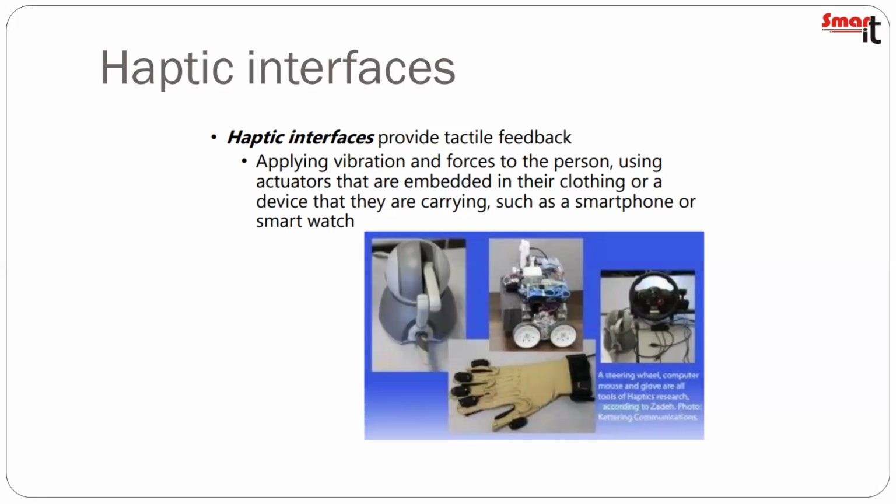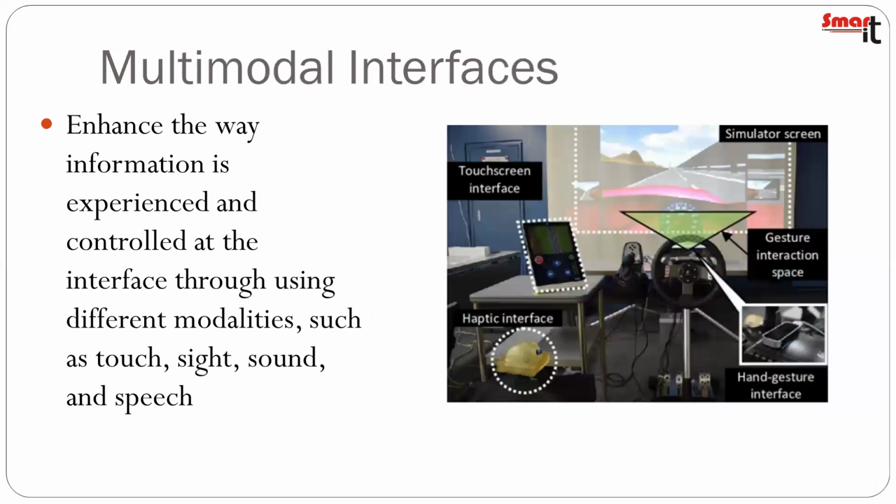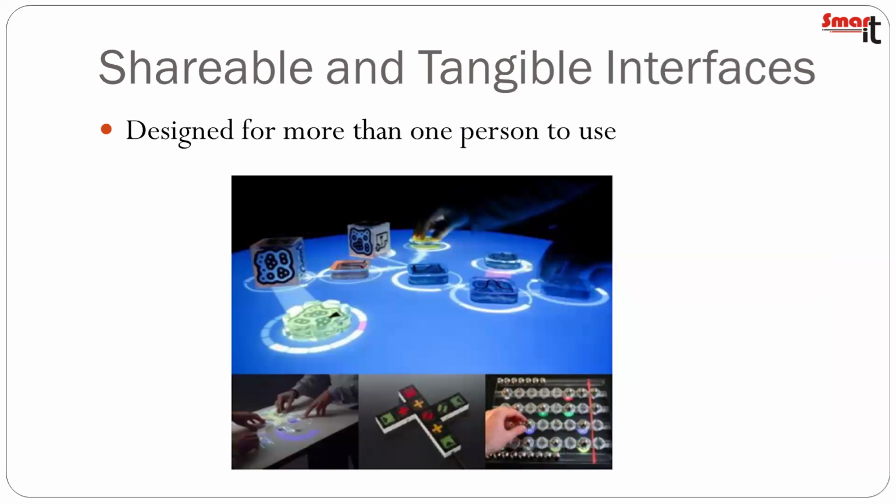They give some vibrations or something physical, so we feel it physically with that phone. So that is called haptic interfaces. And multimodal interfaces: not just one mode, it will give touch screen, haptic interfaces, gesture interactions, all in one interface, all in one environment. We call that multimodal interfaces.